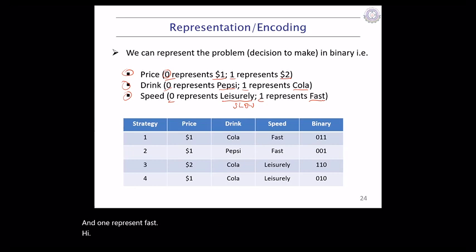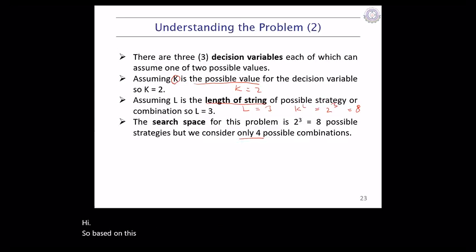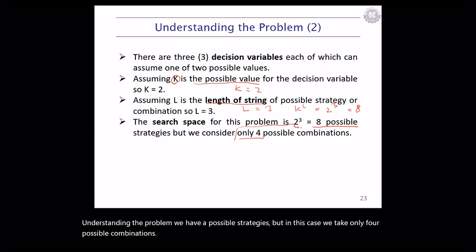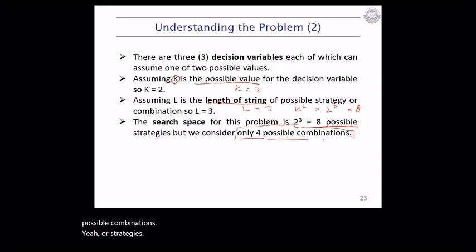So based on this combination, as mentioned in understanding the problem, we actually have 8 possible strategies. But in this case, we take only 4 possible combinations, or strategies.